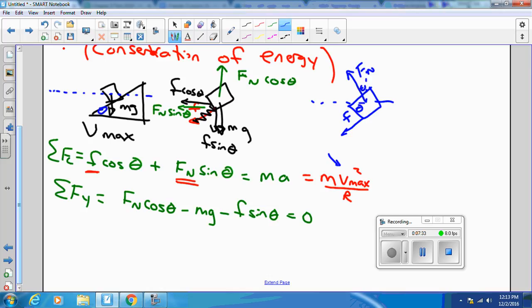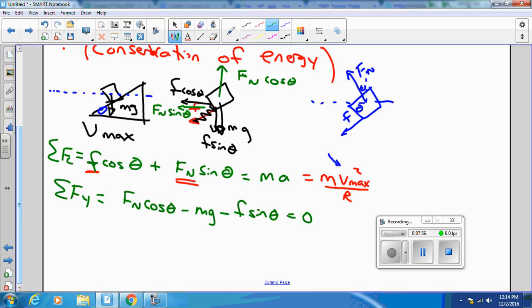What does that say behind cosine theta? Where? F. Yeah, friction.